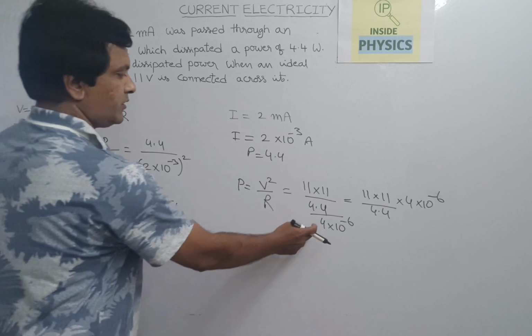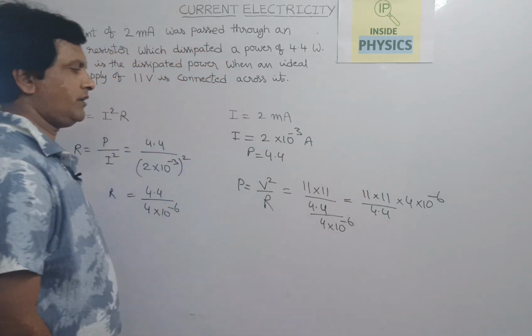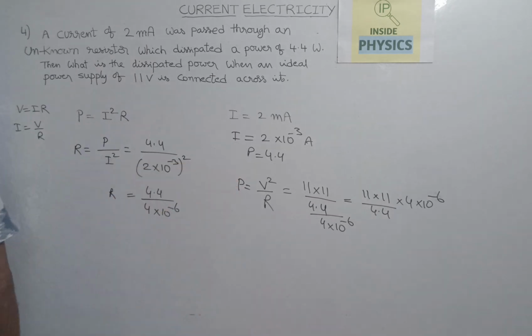So this numerator has gone to the denominator, and the denominator has gone to the numerator, and we can write that value. If you calculate the value of the resistance, what is the final value? We will get the final value as 11 into 10 to the power of minus 5 watts.